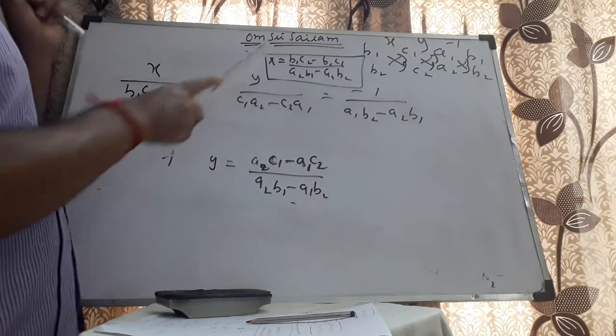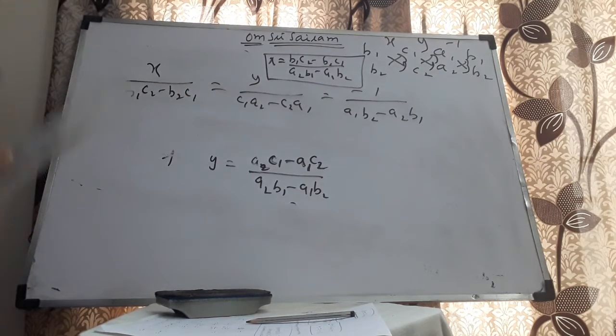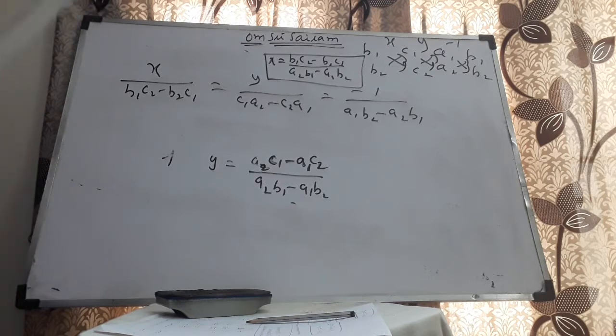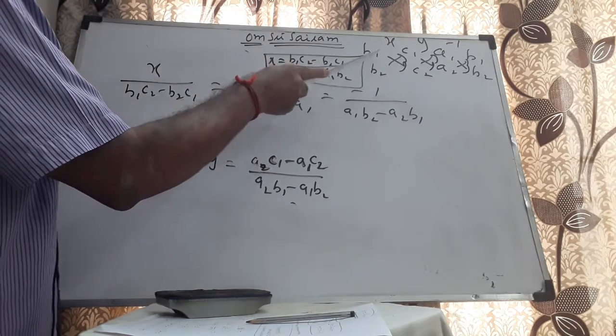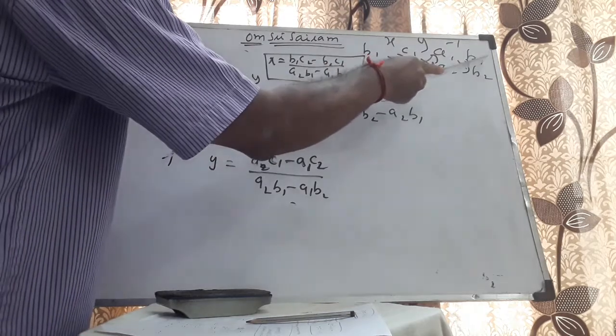Let me repeat. We have solved the general system of simultaneous equations a1x plus b1y is equal to c1 and a2x plus b2y is equal to c2, and I have obtained the solution x is equal to this much, y is equal to this much. I'll explain the same result by another method called rule of cross multiplication or arrow diagram method, for which I am supposed to start writing from the middle coefficient of the first equation b1 c1 a1 and write b1 again.